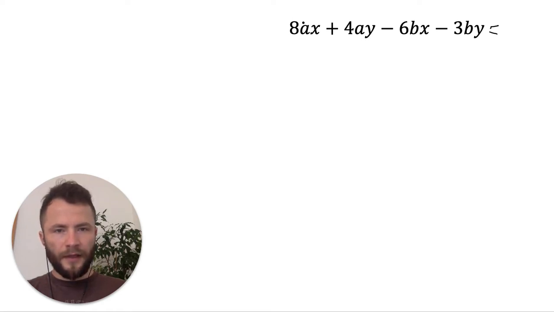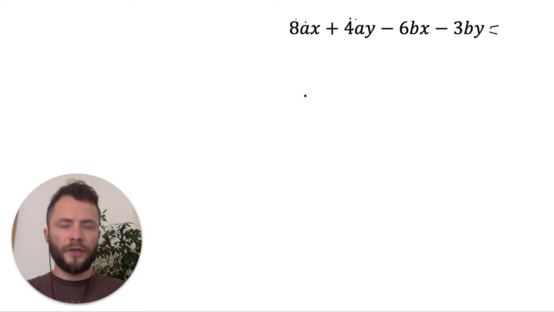They have a as one common factor, and also the number 2 is a common factor for the coefficients. And similarly, for the remaining two terms, we have b as a common factor, and also the number 3 is a common factor for the coefficients.